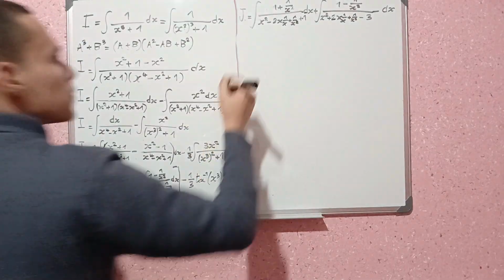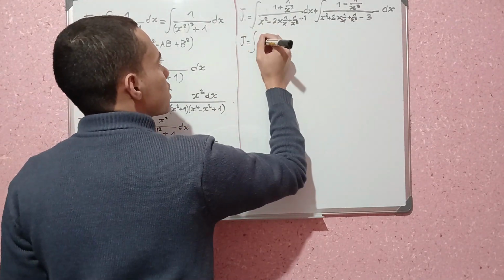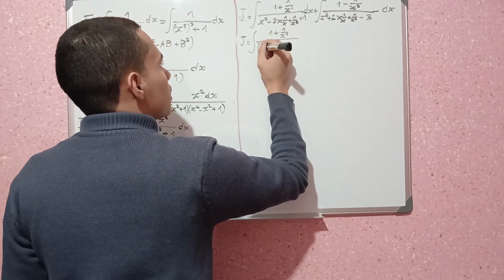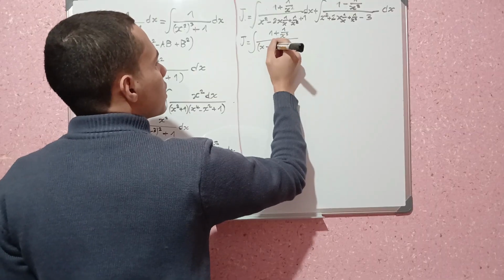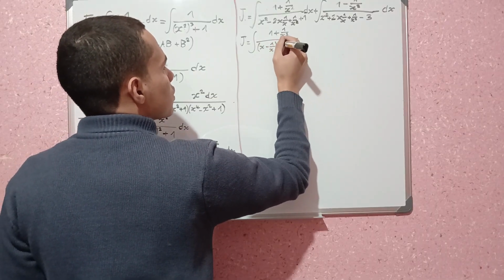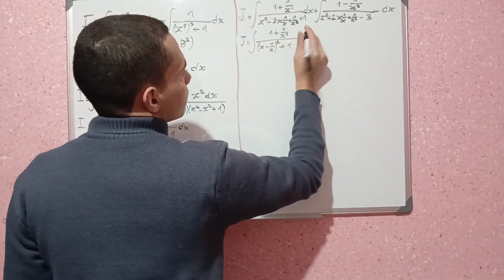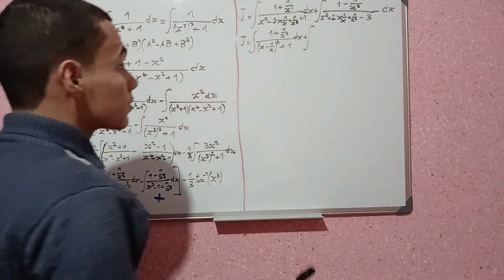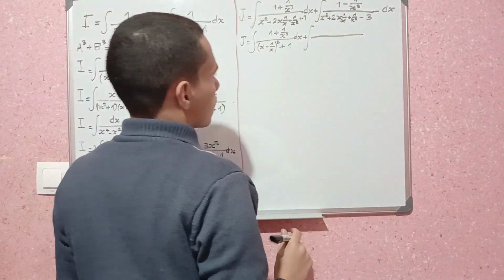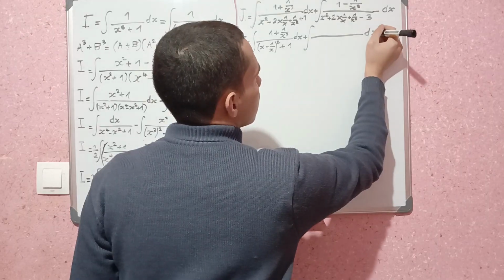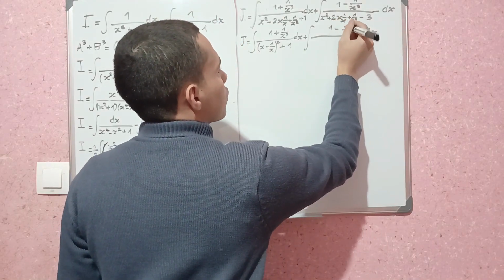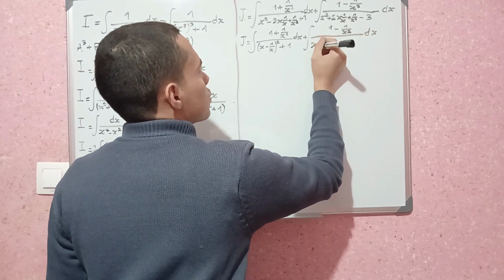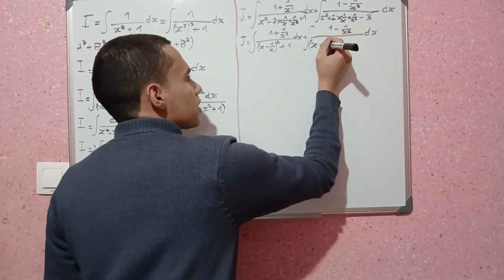So we get that. So G equals the integral of 1 plus 1 over x squared, and here x minus 1 over x squared plus 1 dx, plus the integral of this part, which is dx over 1 minus 1 over x squared, here x plus 1 over x squared.